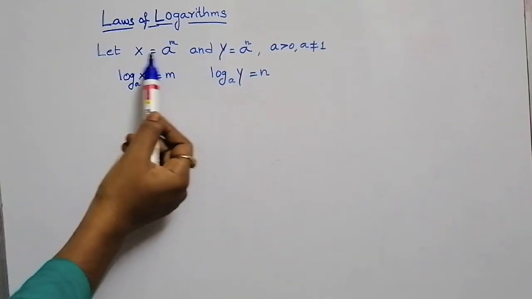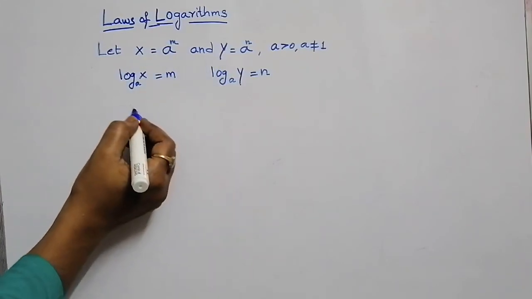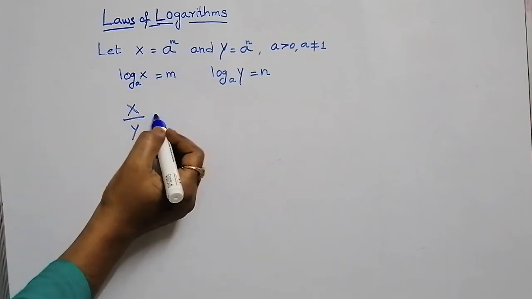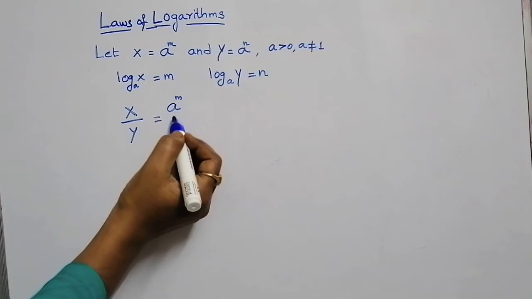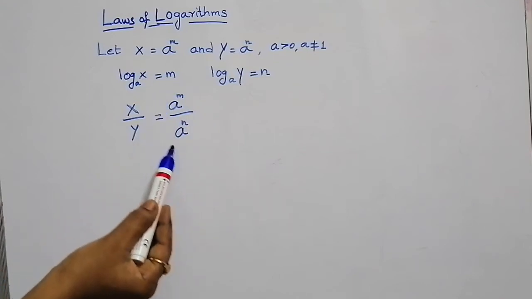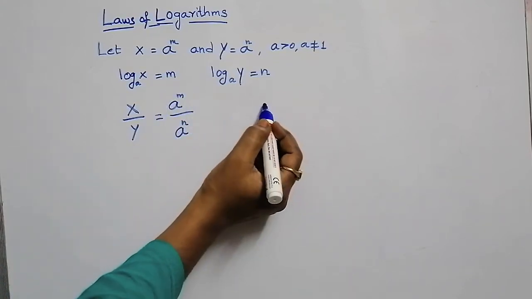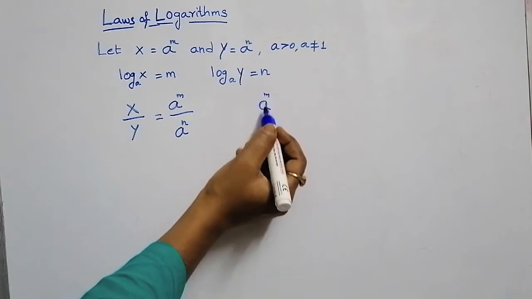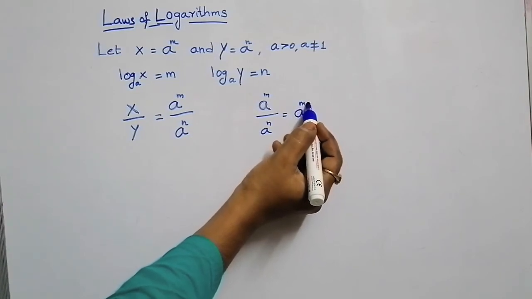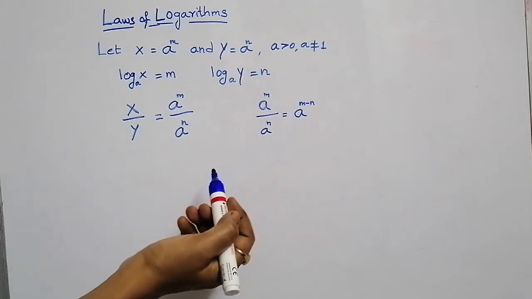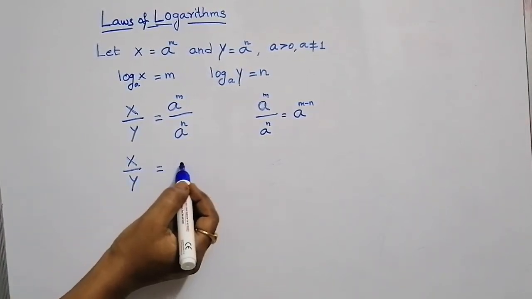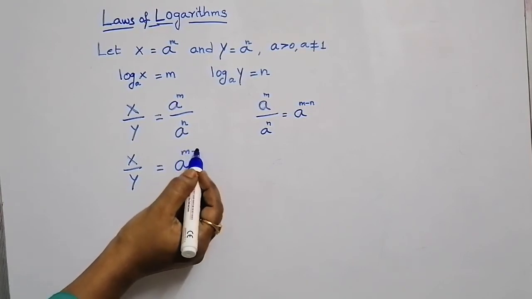Let us now divide these two equations, that is x divided by y. x divided by y is equal to a power m whole divided by a power n. If you observe here, we can write one formula according to exponents. What is that formula I am writing here? a power m by a power n is equal to a power m minus n. Let us substitute here. x by y is equal to a power m minus n.